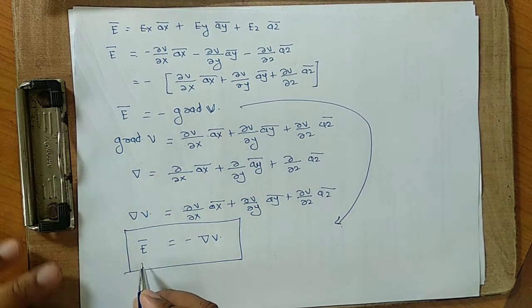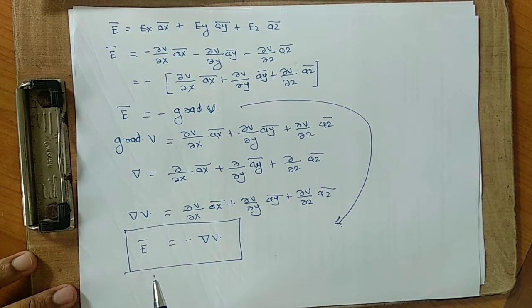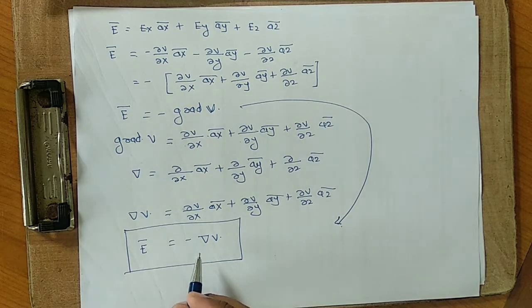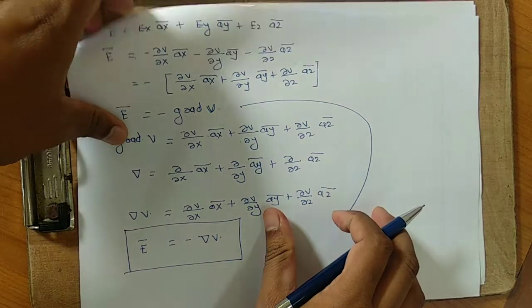You had to find the relation. What was our motive? We had to find the relation between E bar and potential. So we have found this relation: E bar is equal to minus del V. Now this del can be in any form, like a spherical coordinate system or a cylindrical coordinate system, so I will write it in all the forms.